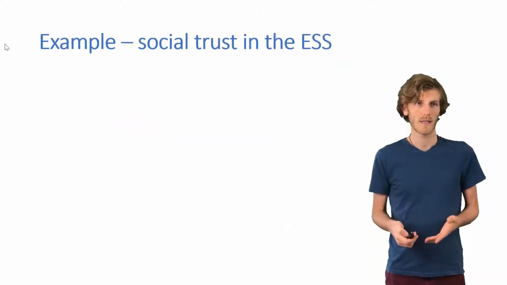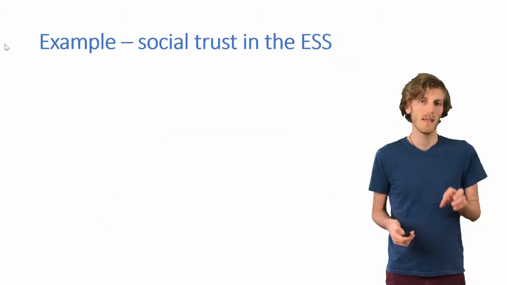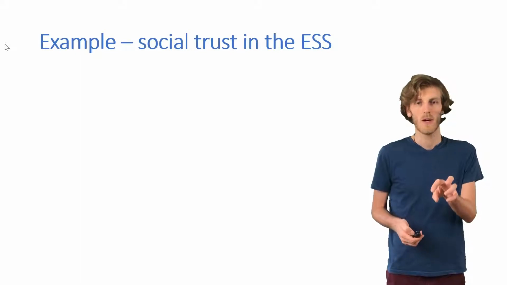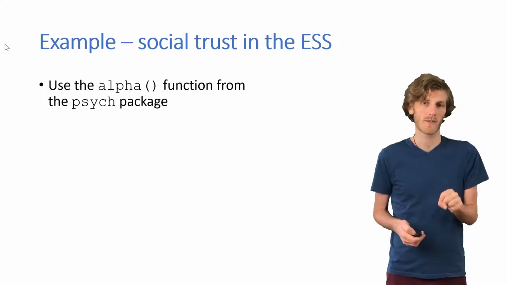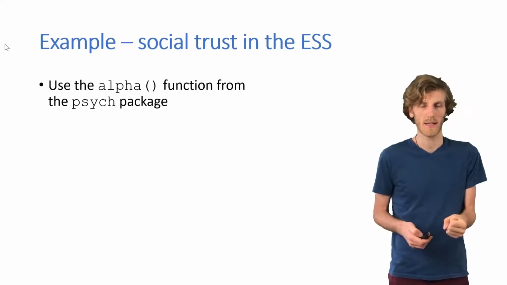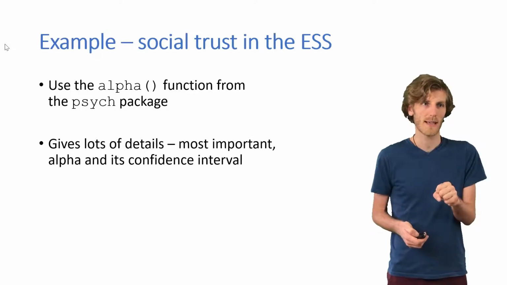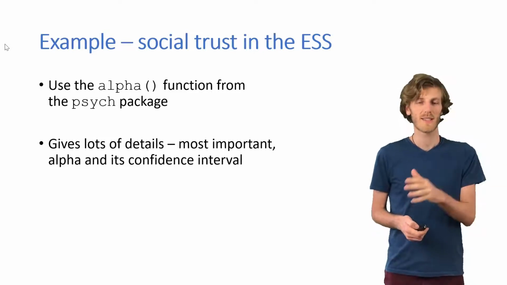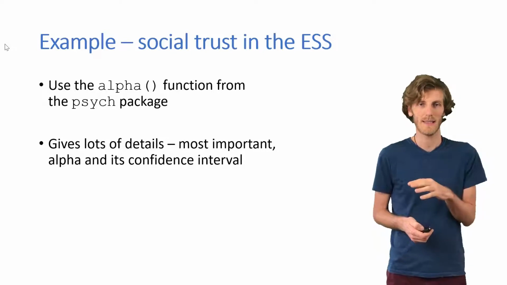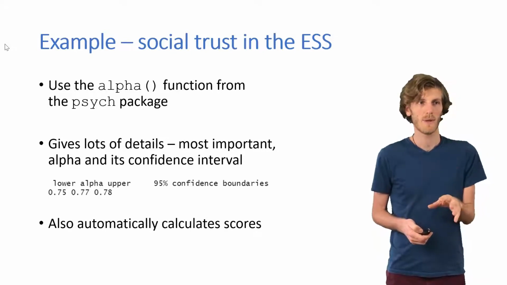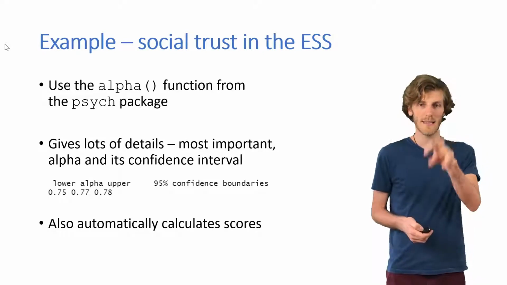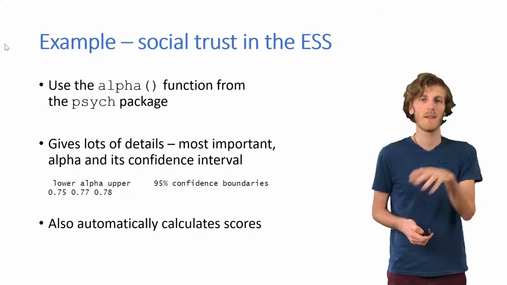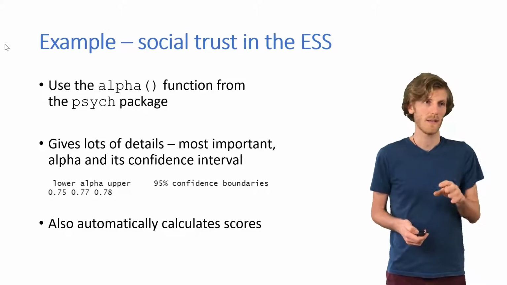So in the social trust example, we have these 3 items. We could now use the alpha function from the psych package that we're going to explore in class to calculate Cronbach's alpha. The function gives lots of different details in its output, but the most important is that it gives us Cronbach's alpha and its confidence interval.